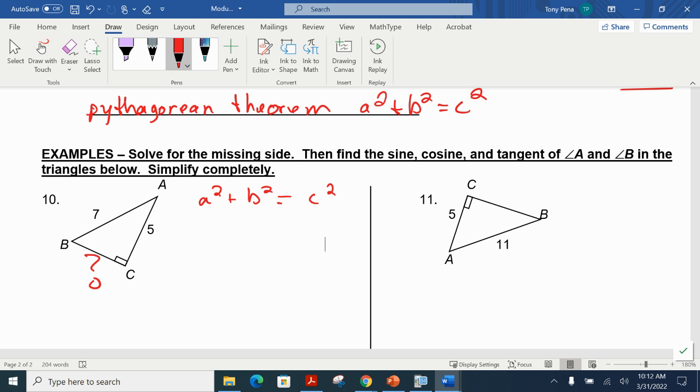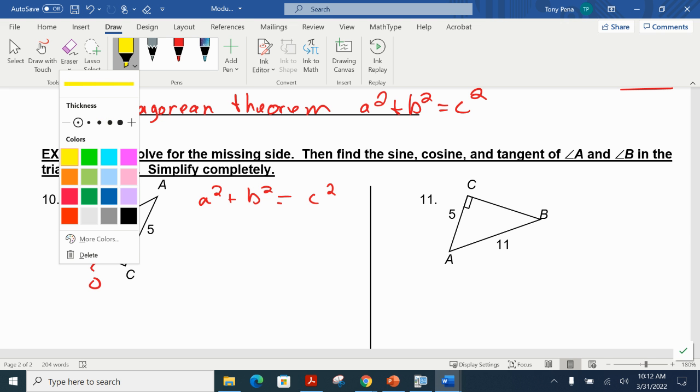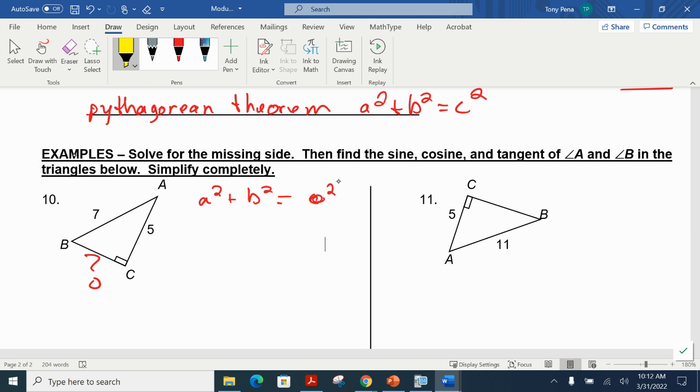So a squared, b squared, c squared. What you have to recall is that the c is always your hypotenuse. The hypotenuse in this problem is what number? It's 7, so you have to put the 7 there. That's your hypotenuse. And the 5, we'll say that it's a.